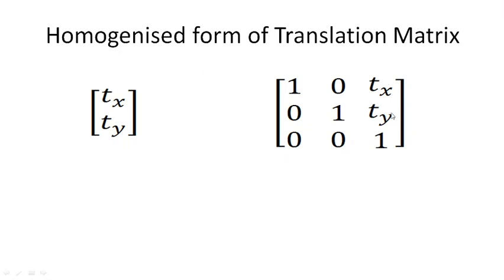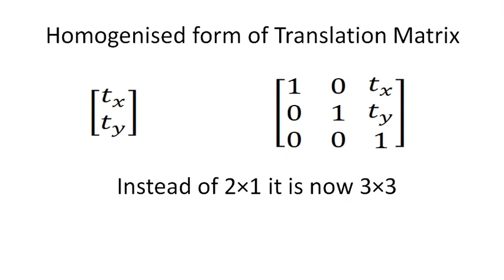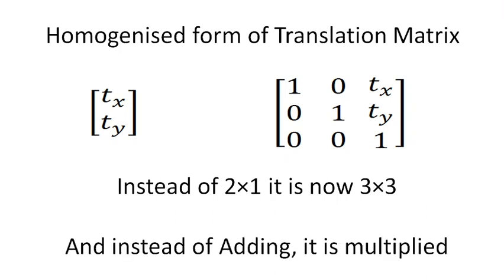But these two elements in this matrix are taken as Tx and Ty. This is the simple transformation of a translation matrix into 3 by 3 form. You can see now the translation matrix will be a 3 by 3 matrix instead of 2 by 1, and instead of being added, it will be multiplied now.